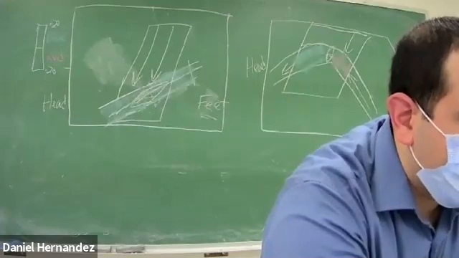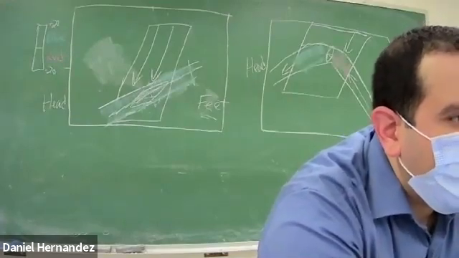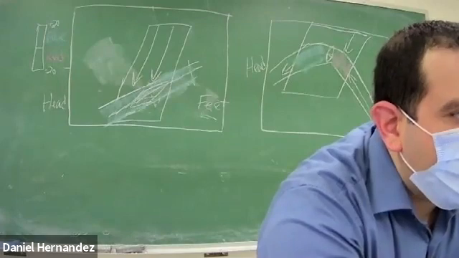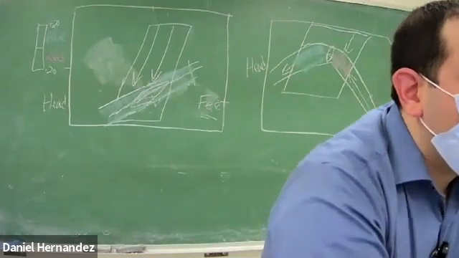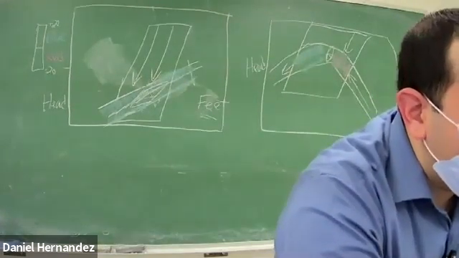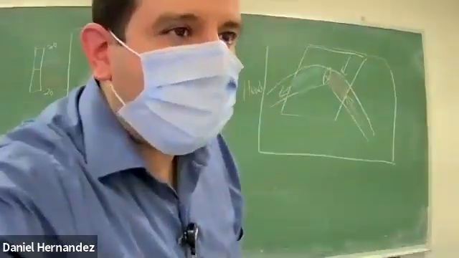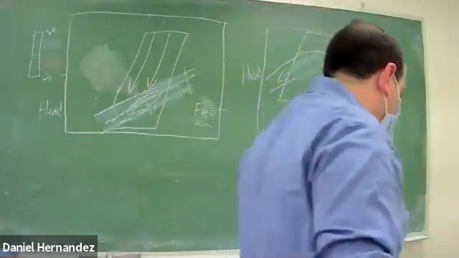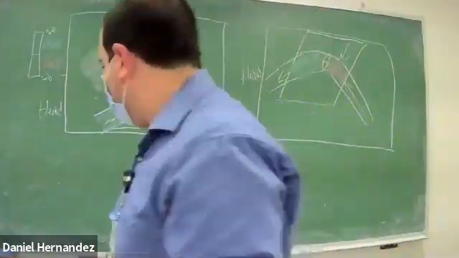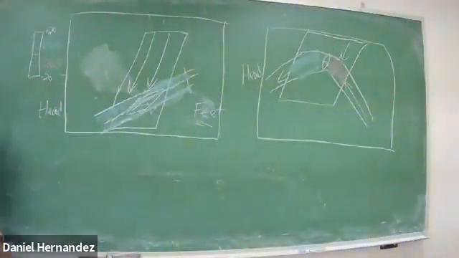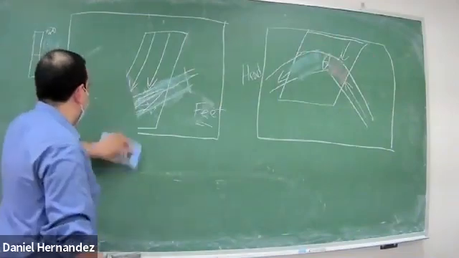Let's see what else. Let's talk a little bit about compensatory mechanisms. What's the body going to do when you have blockages in particular vessels? What's going to be the body's response?